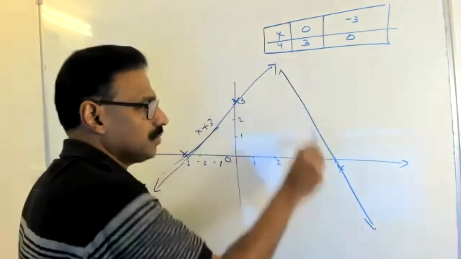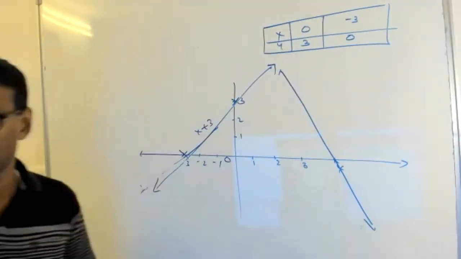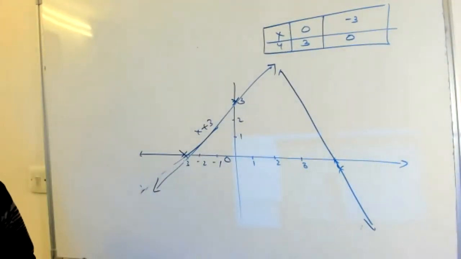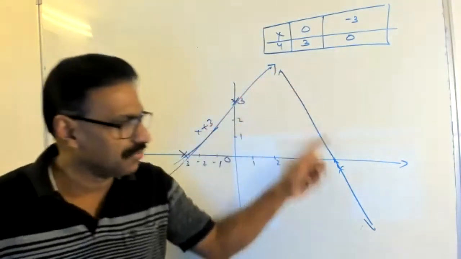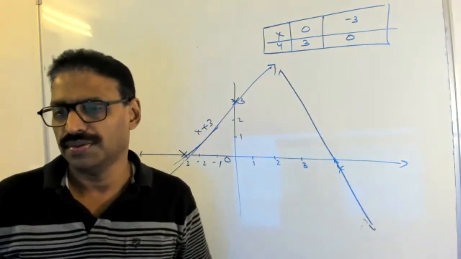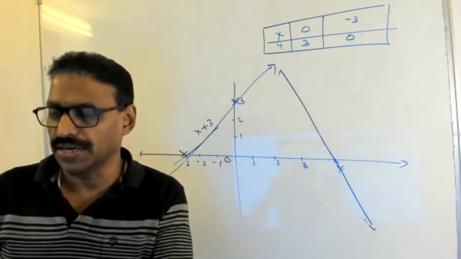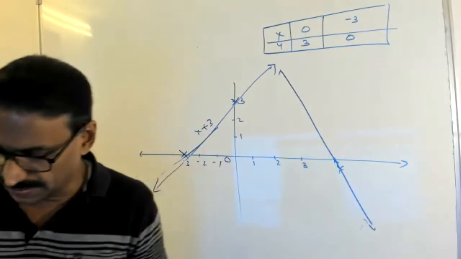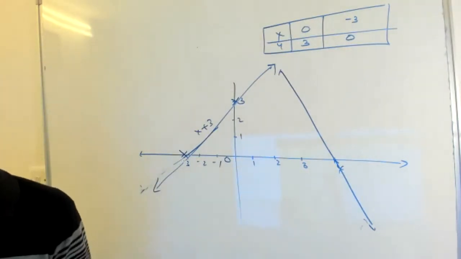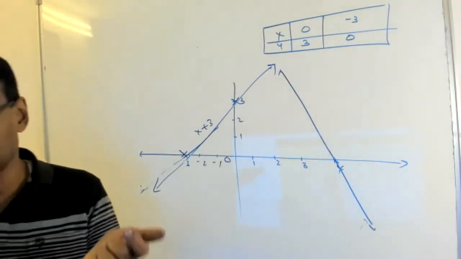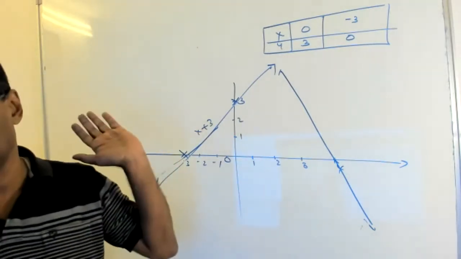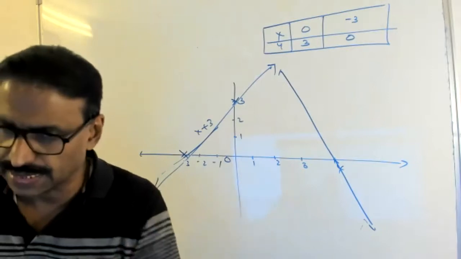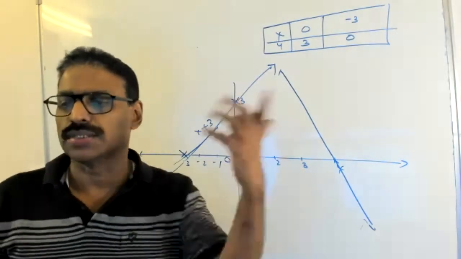So this point, what is 0 here? This graph, what is 0? 4. I told you, the 0 of a polynomial is the x-coordinate where the graph intersects the x-axis. Where the line intersects the x-axis, its x-coordinate is called 0.